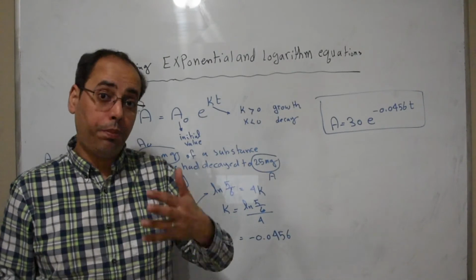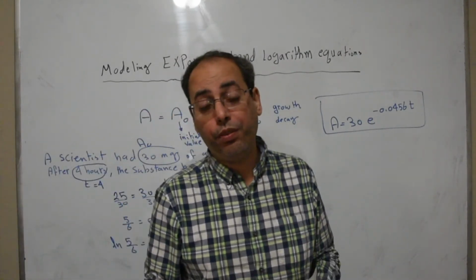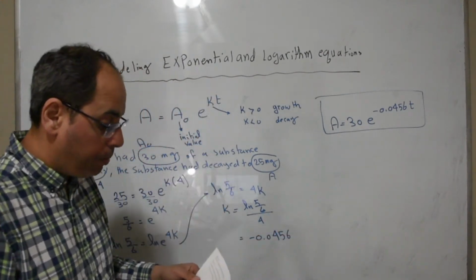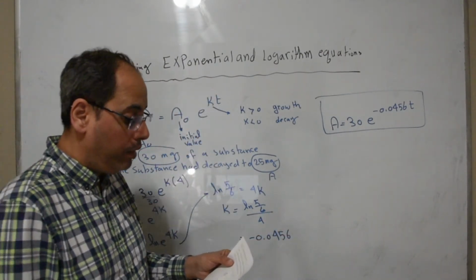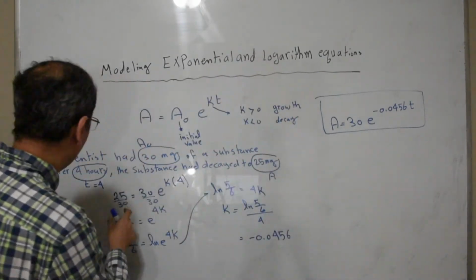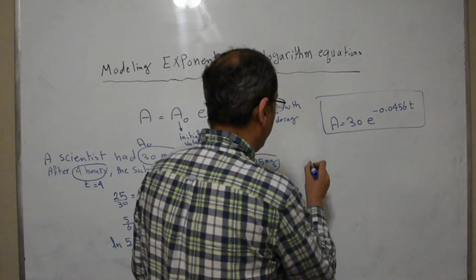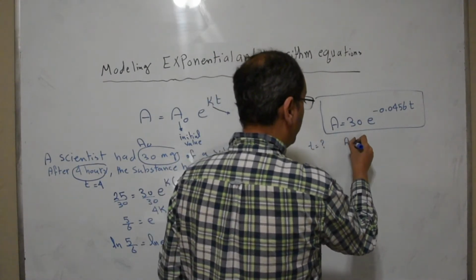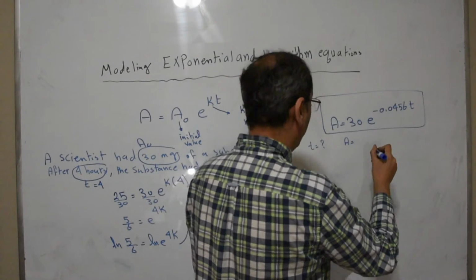I think that if you keep practicing, it will be easy to find that solution. The next part is asking how long will it take for the substance to be reduced to 4 milligrams. So I'm asking about t. So A is 4 milligrams.